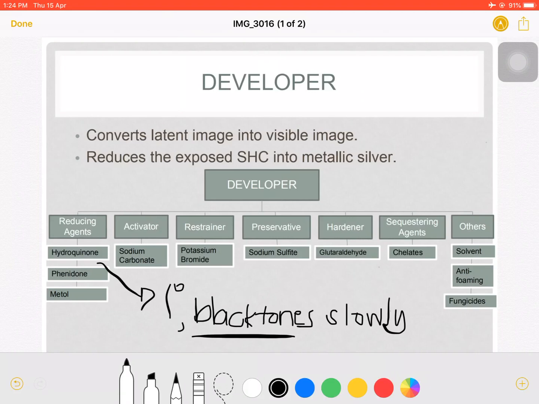And then, it is the contrast indicator. And it is also sensitive to light and temperature. Again, our hydroquinone is the principal component of our developer and produces the black tones slowly. So the contrast will be built up slowly. Therefore, our hydroquinone is the contrast indicator. And also, it is sensitive to light and temperature.